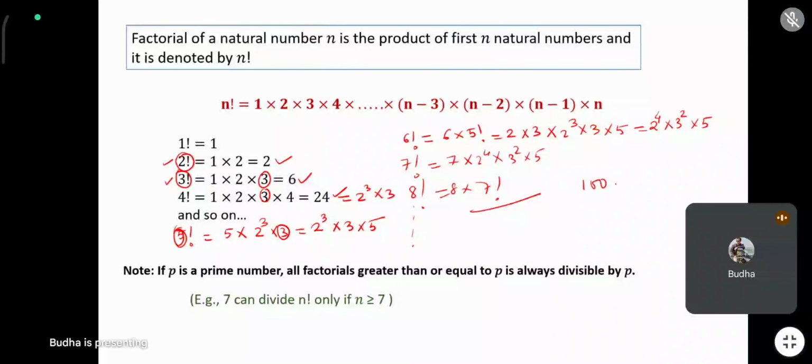That means if you express 100 factorial, it will consist of 7 as a factor with some power. I don't know how much the power is. Say for example 50 factorial. If you express 50 factorial, it will consist of 2 with some power, 3 with some power and 5 with some power. Okay. So every factorial will consist of prime numbers which are less than that number, with some powers. Okay. So this is what we will be applying here.